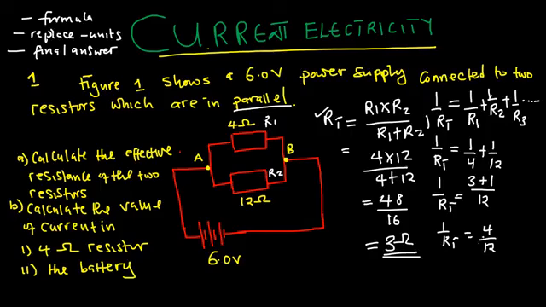What you want is RT, and therefore you cross multiply. So 12 multiplied by 1 is just 12. RT multiplied by 4 will be 4 RT, where T is a subscript, equal to 12. So divide by 4, you will get RT equal to 12 divided by 4, which is 3 ohms.